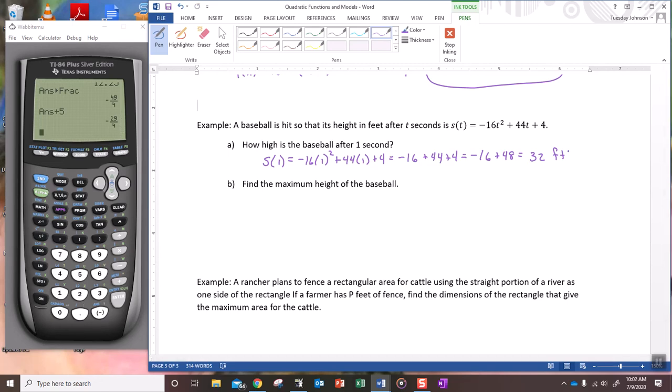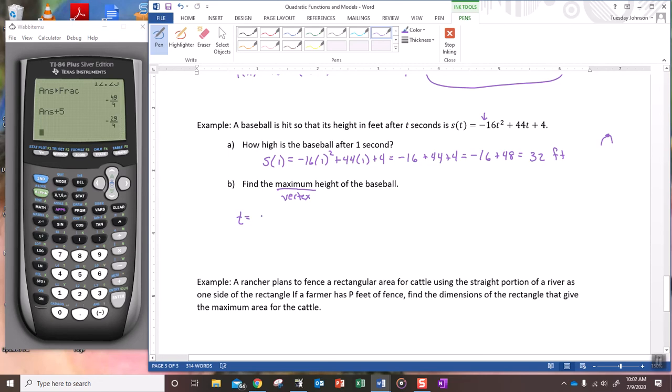Find the maximum height. How are we going to find the maximum height? Think about it. Maximum leads us to a vertex. And I notice that I have a negative leading coefficient. So with a negative leading coefficient, I know my graph opens down. I know that the vertex is the maximum height. So the height of the baseball is s. The seconds is t.